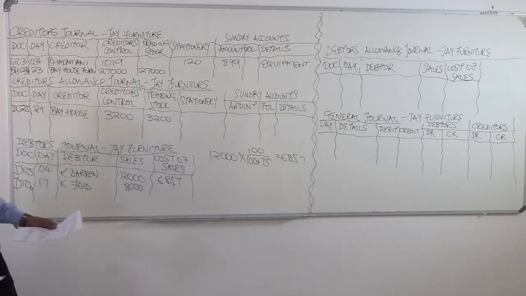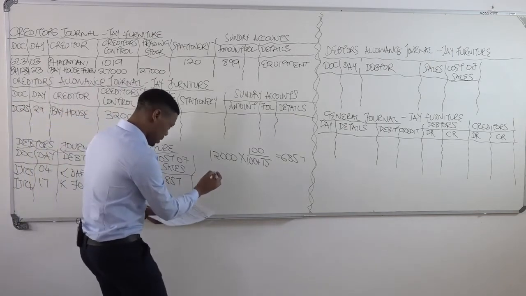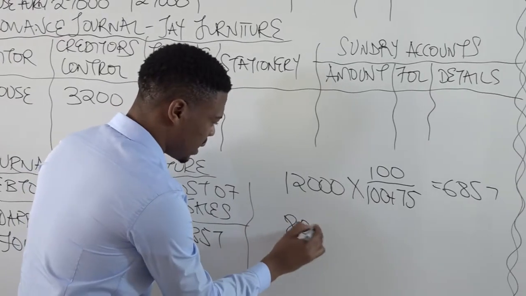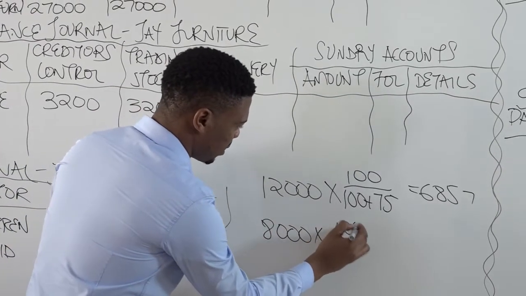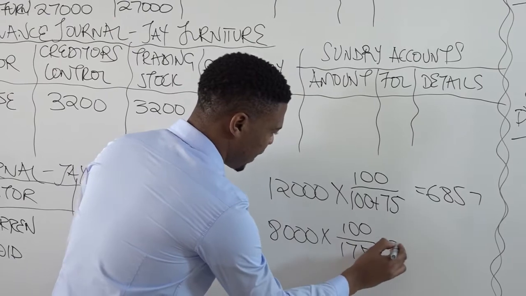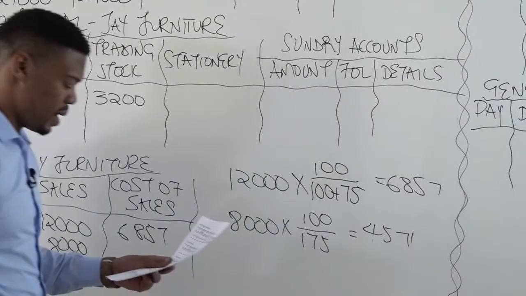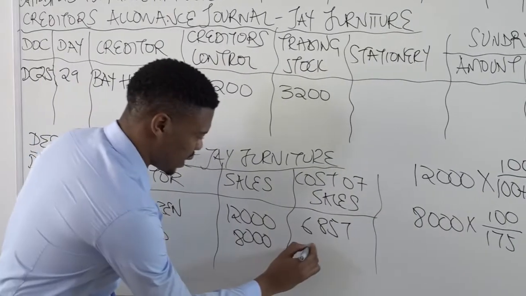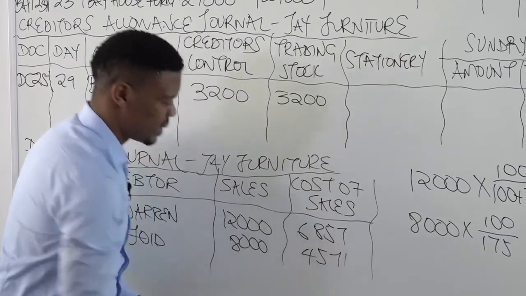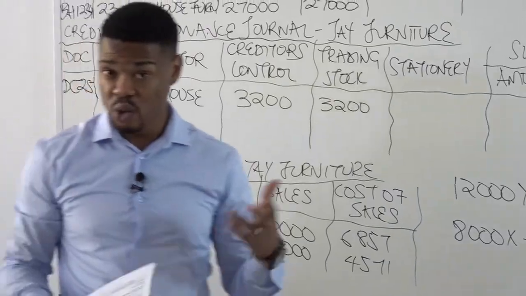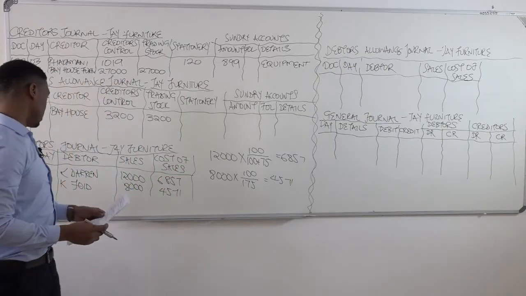Then we quickly calculate your cost of sales. 8,000 using the same formula times 100 divided by 175. It will give you 4571. And that is your cost of sales amount. 4571. And that's how you do transactions for the debtors journal.